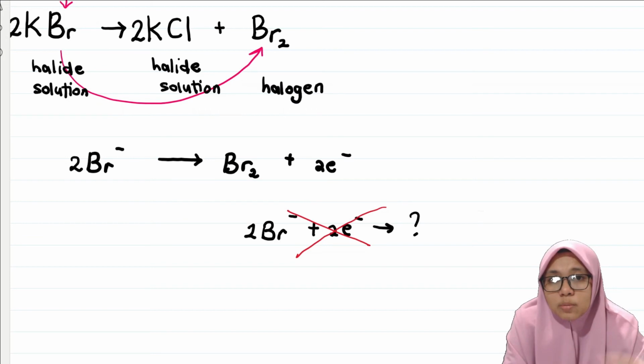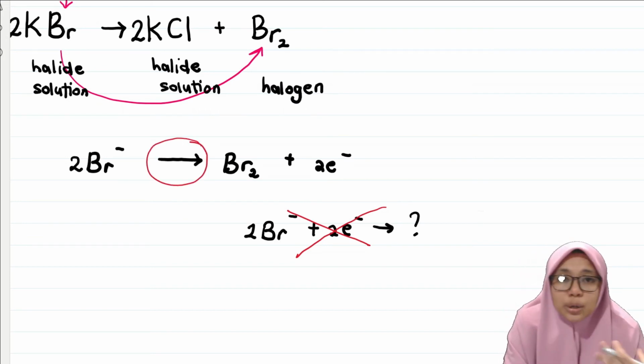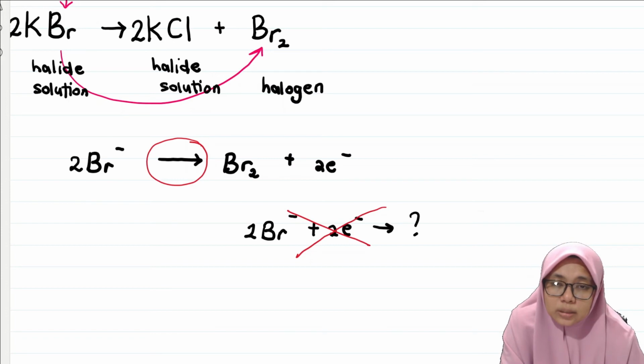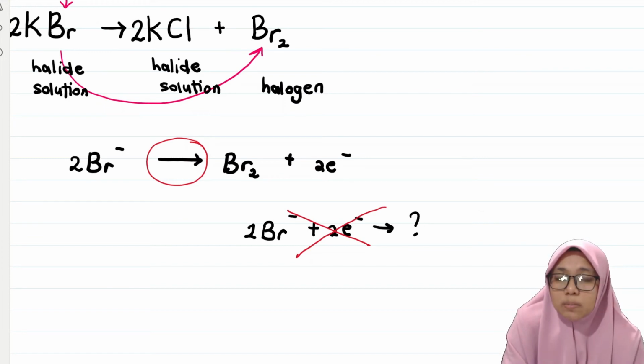So for bromide, it must release electron first, because bromide can only release electron. Bromide cannot accept electron anymore, because bromide ion has already achieved stable octet electron arrangement.